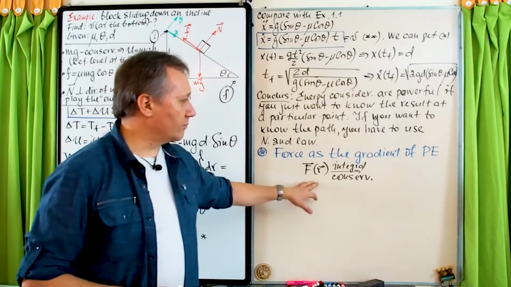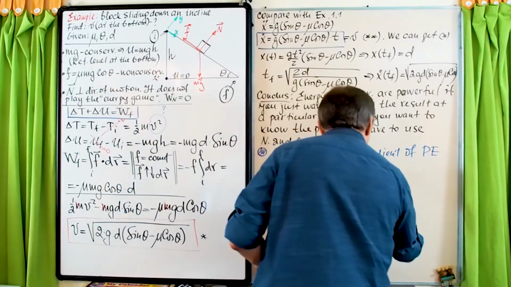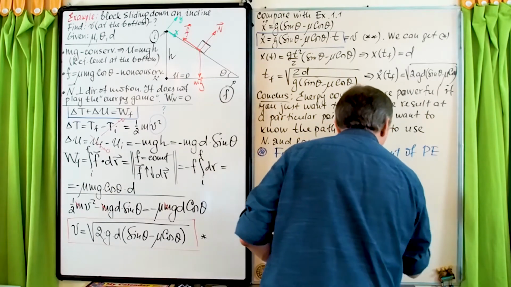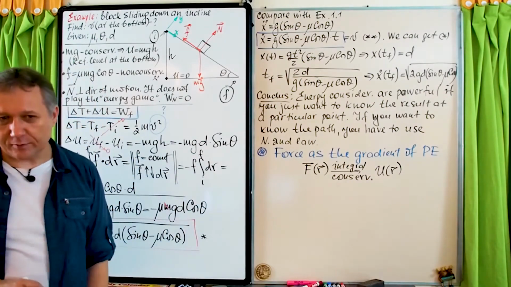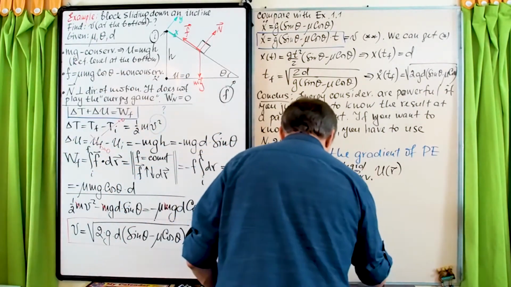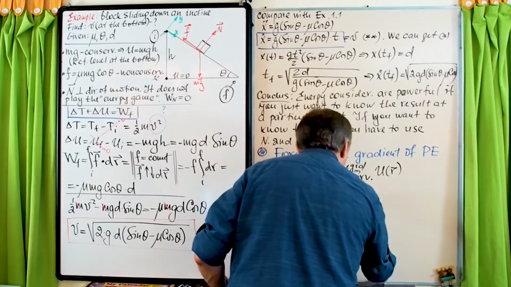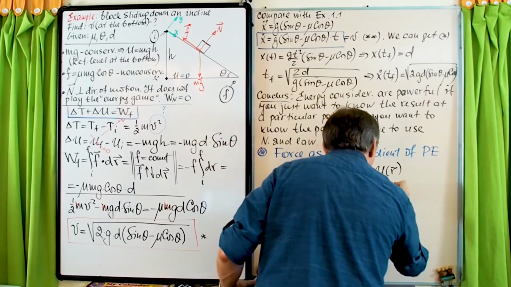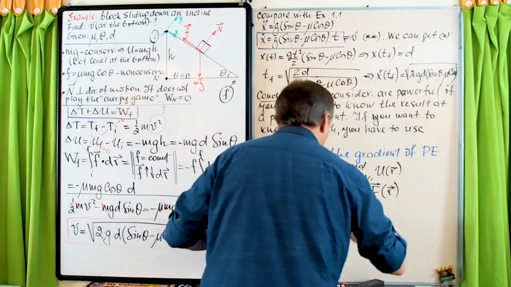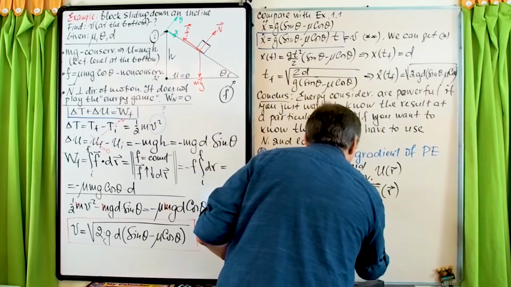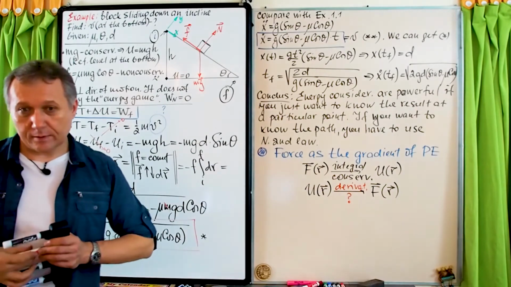So force is conservative, and using integration we can introduce potential energy. And obviously, if we want to move in the opposite direction, there will be some kind of differentiation. In order to get the force from the potential energy, there will be some kind of a derivative. But which derivative? Of course, we need to get that.